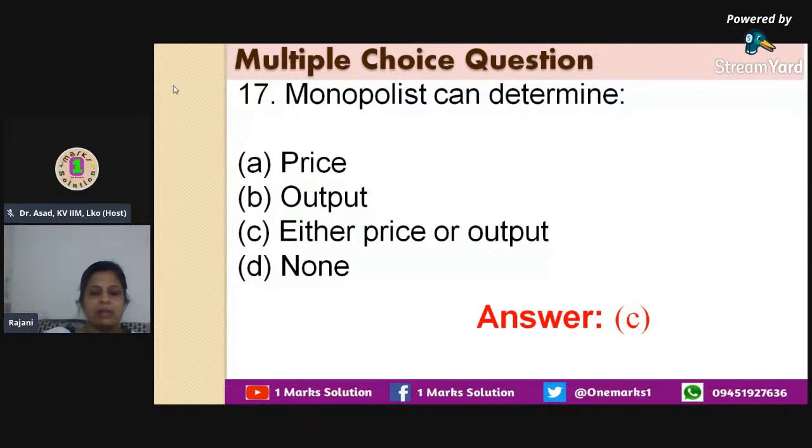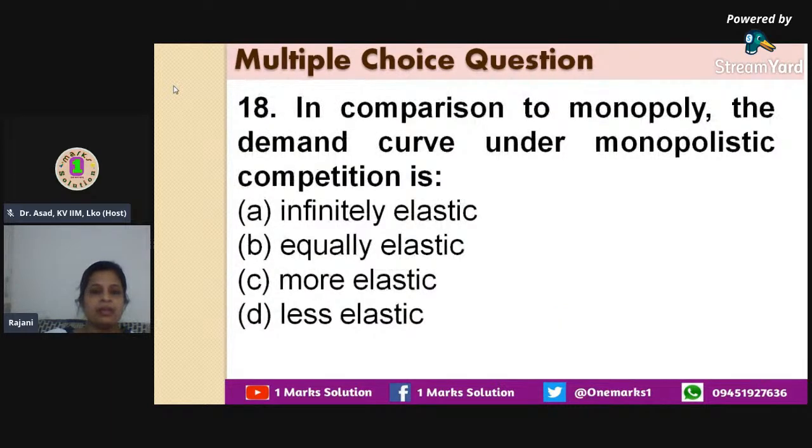Okay. Coming to the next point. In comparison to monopoly, the demand curve under monopolistic competition is... I told you in the beginning, I shared some slides regarding the market demand curve in monopoly and monopolistic competition. Monopoly has a downward sloping demand curve, and monopolistic competition also has a downward sloping demand curve.